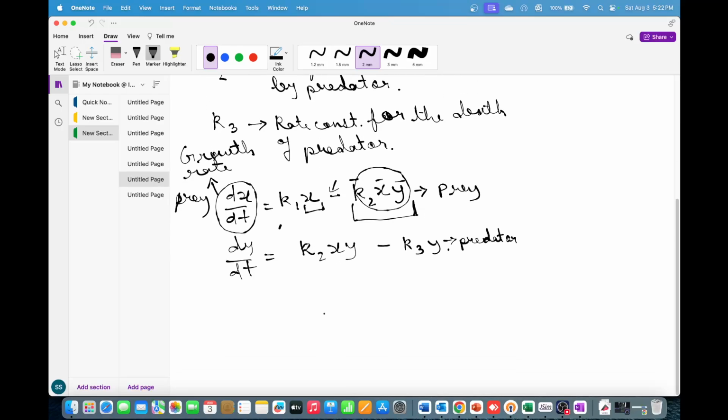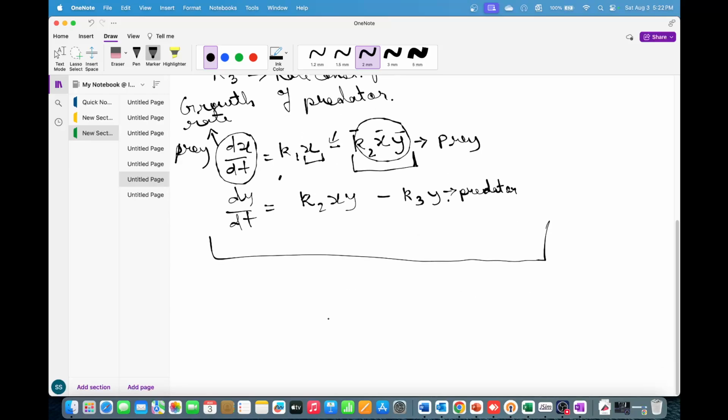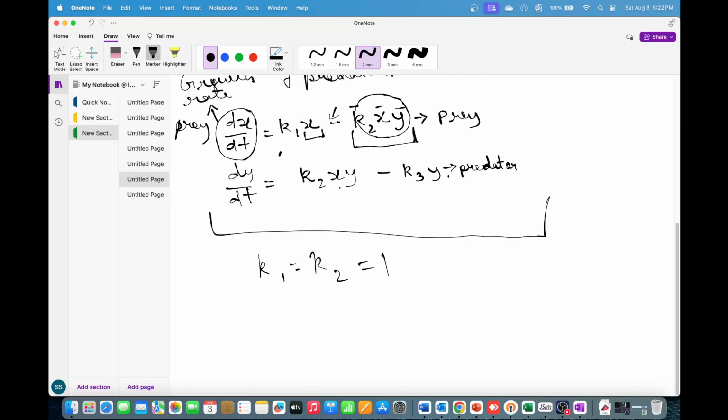Okay, so if we move on, let's assume for simplicity for both the equations that K1 and K2 are both equal to 1. I use K1 and K2 to give an idea, because in real life K1 and K2 will not be equal to 1. There will be some values associated with these parameters.